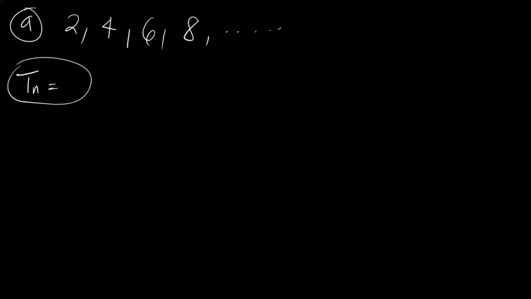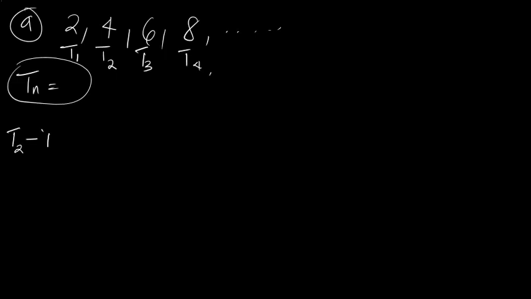So first we're going to check the pattern, the way to know how to start. We need to look at the numbers and determine the pattern. Let's say this is the first term, this is the second term, this is the third term, and this is the fourth term. Now let's look at the common difference.